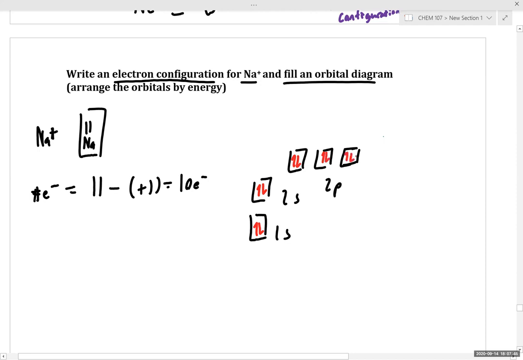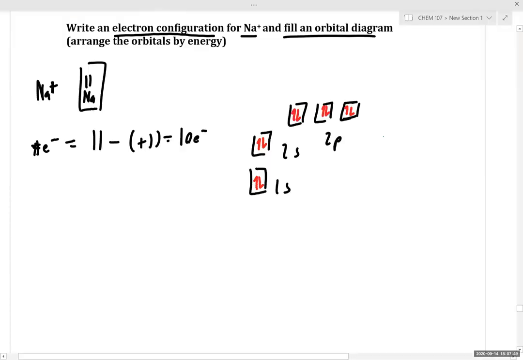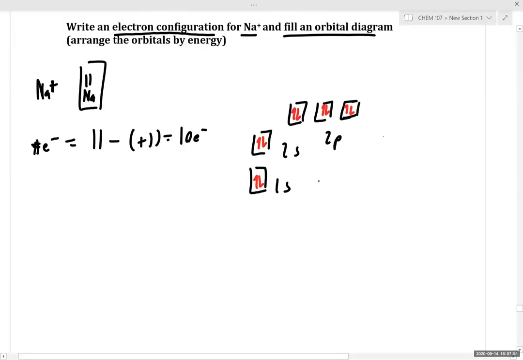Now that we've filled in our orbital box diagram for sodium plus, we can write out our configuration, which would be 1s2, 2s2, 2p6. Again, we have an ion with a noble gas configuration.